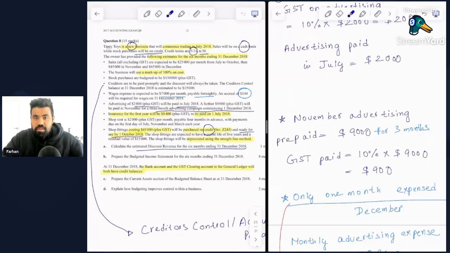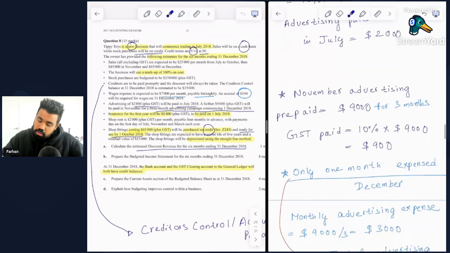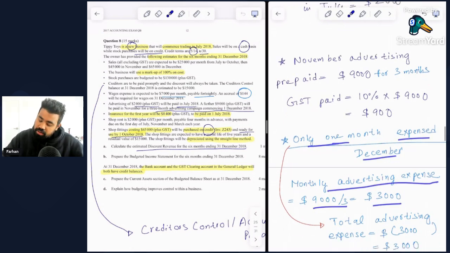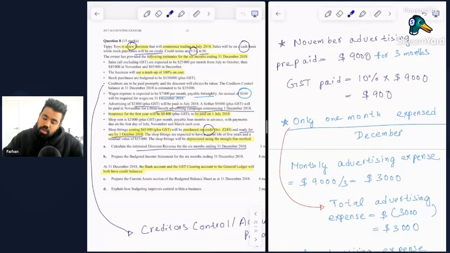We're working with a business where the financial period is ending 31 December 2018. That means 1 month of advertising must be expensed. So that 1 month that is expensed, how much is that amount? If the advertising of $9,000 covers 3 months, then the monthly advertising expense is $9,000 divided by 3, which is $3,000. This means the total advertising expense from the amount that we paid in November is $3,000, which is basically covering the month of December.